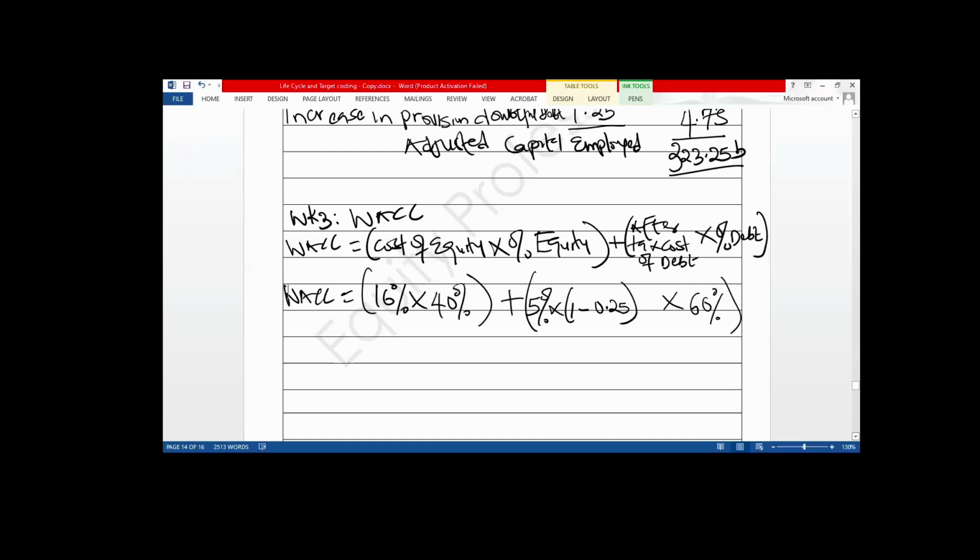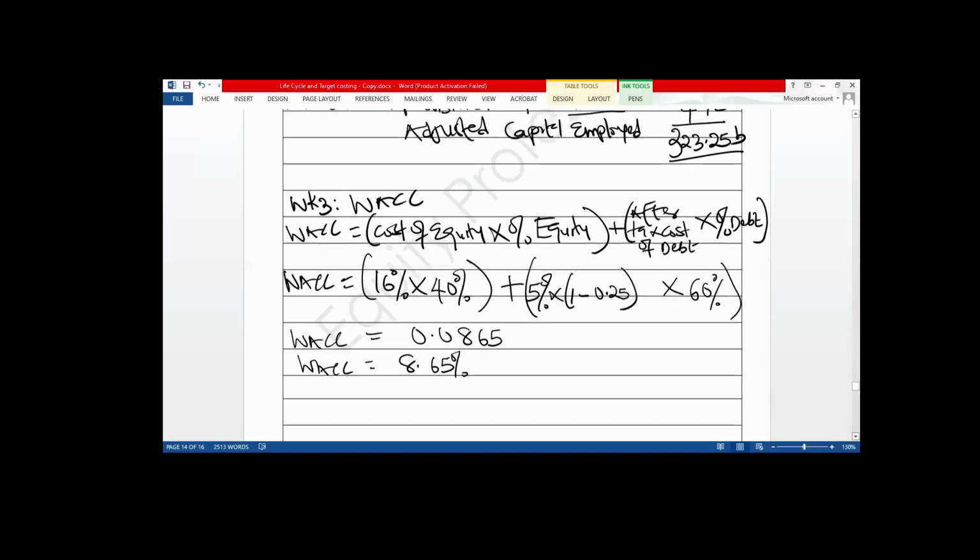All right. Once you know how to apply the calculator, the work is easy. 0.0865. In percentage, it becomes 8.65%.